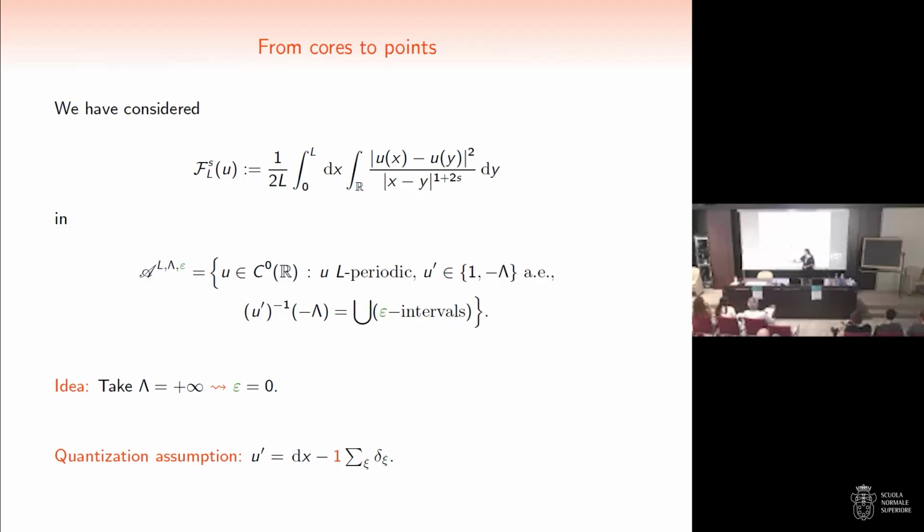The distributional derivative is now equal to 1 minus infinity, and that means I have a sum of Dirac deltas. The quantization assumption tells me that these Dirac deltas should have positive integer weight. So now I want to consider this problem with lambda equal to plus infinity, and with this constraint here.